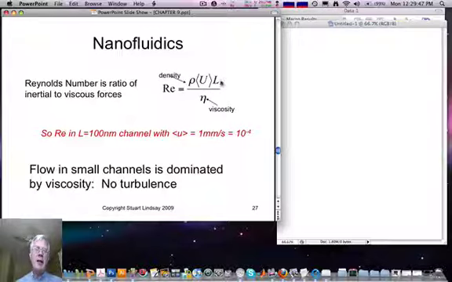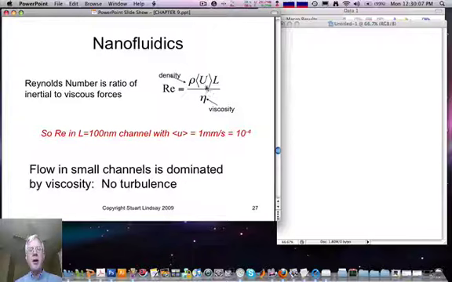L is some length scale over which the velocity of flow changes, so it is like a velocity gradient which, when multiplied by the viscosity, gives you the viscous contribution to forces.